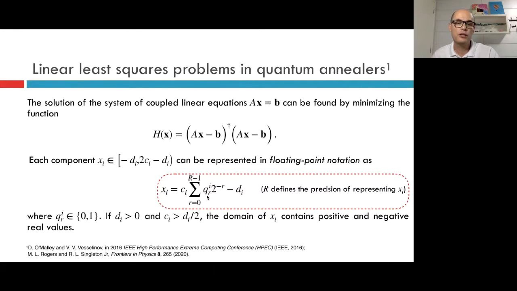You can see here that q is a bit that can have values 0 or 1, times a power of 2, the binary representation. Capital R is the total number of bits used in this representation. And these constants, C and D, are used to enlarge the interval in which each component x_i can be represented. That's the basic idea.